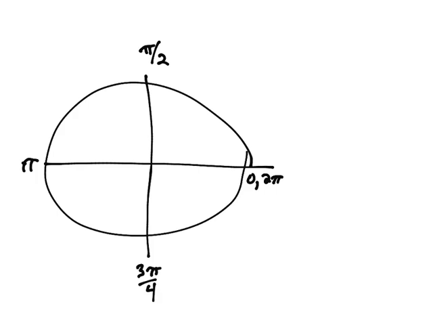If I'm dividing into sixths, that means between 0 and pi, I want 6 pizza slices. That means between 0 and pi over 2, I want 3 pizza slices, right?